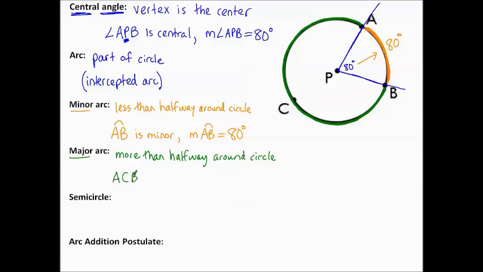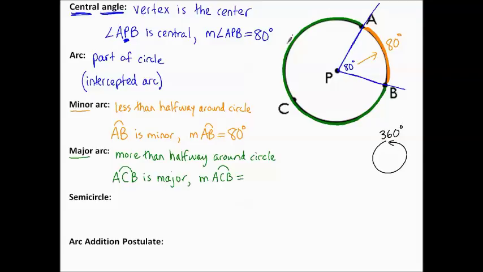Arc ACB is major. So usually when you see three letters, it's because we're going to take a longer way around the circle. The measure of arc ACB, well, now we have to think about what we know about circles. To go all the way around the entire circle, how many degrees is that? 360 degrees to go all the way around.